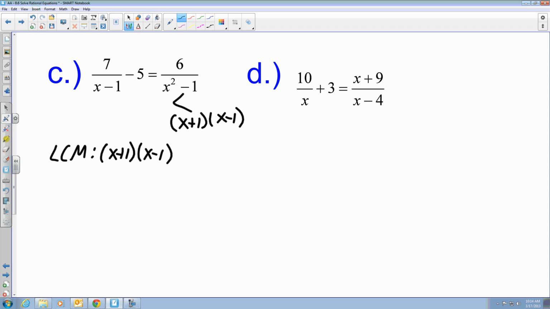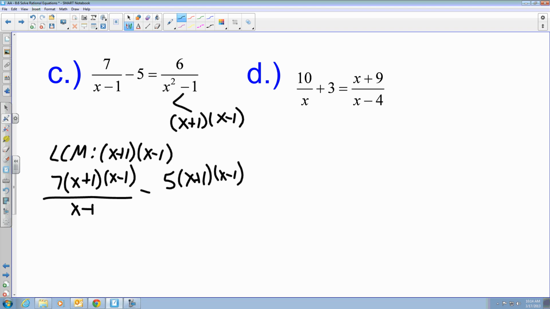So I'm going to multiply each side by the least common multiple. So I'm going to go 7 times x plus 1 and x minus 1 here, divided by x minus 1, minus 5 times x plus 1 over x minus 1 here.